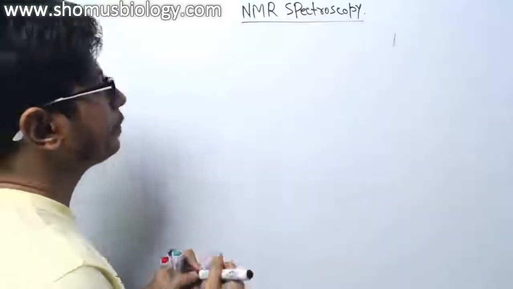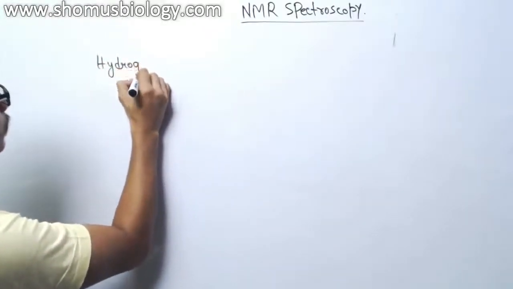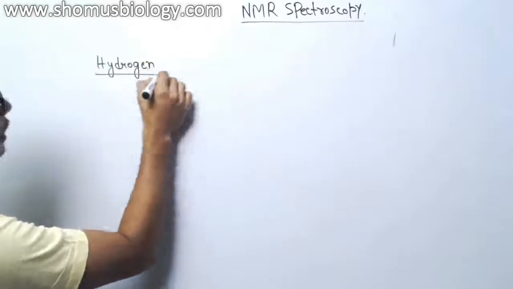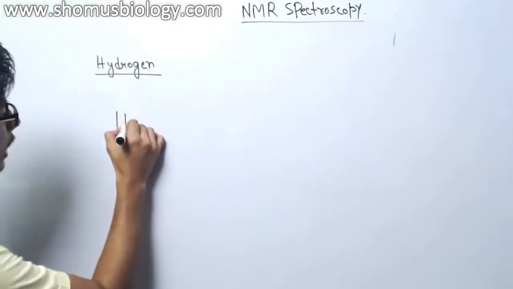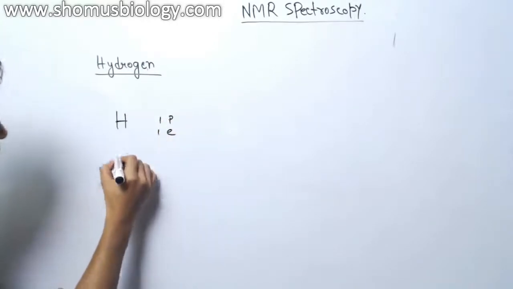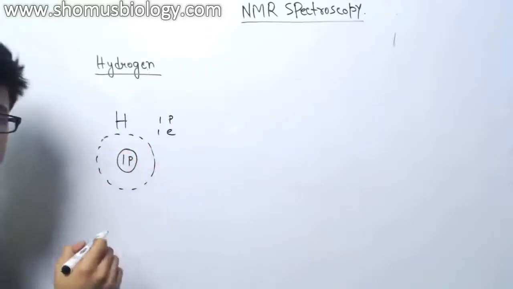For example, if we begin with hydrogen, it contains a very simple structure because hydrogen has only one proton and one electron. The proton is in the middle, in the nucleus, and the electron is circulating this proton.